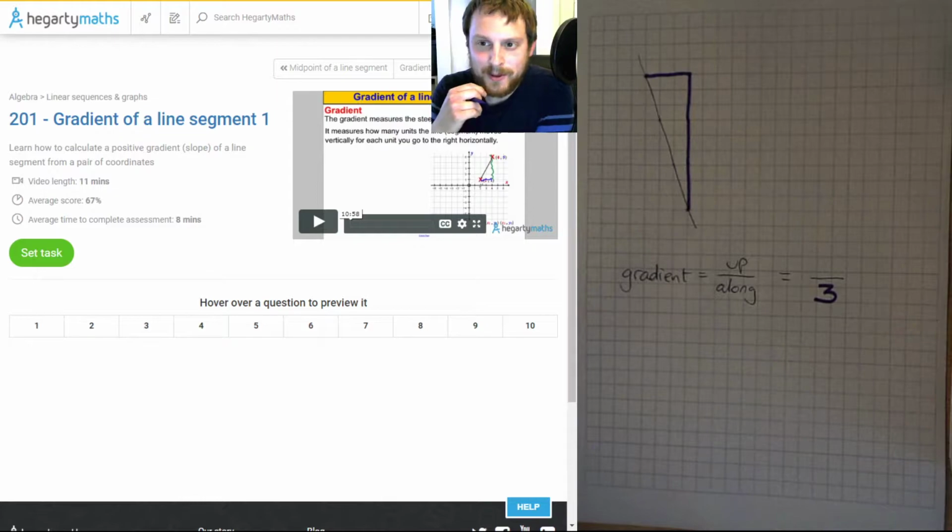If I go down, I've actually gone a negative amount up. So minus up is really down. So since I've gone 9 down, that's negative 9 up. 9 down is the same thing as negative 9 up.